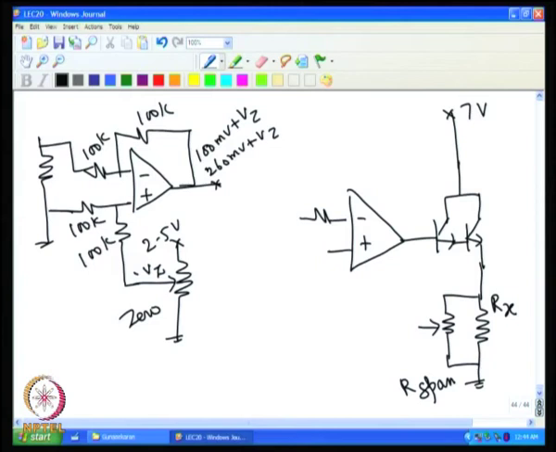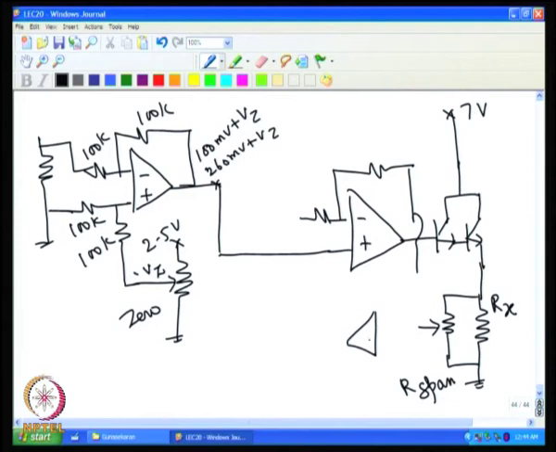Then if this voltage increases, we want the current to be increased. So, I can connect this to this point. Then I have to connect, for example, in the first case I can connect this to the voltage of this one, and we do not want the voltage loss across this.